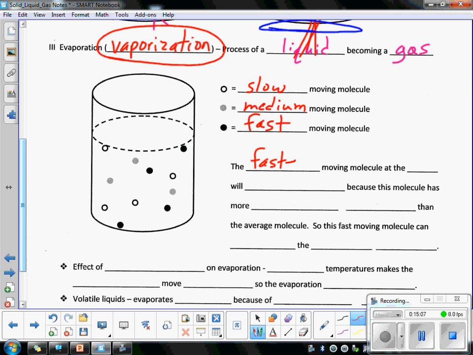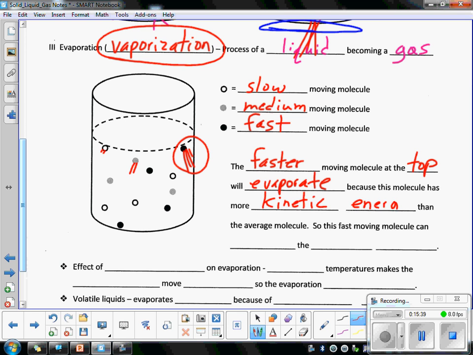So the faster moving particles that make their way to the top of the surface, which would be this one, it's moving real fast. This one's kind of moving medium, and this one's moving real slow. This fast moving particle at the top will evaporate, or will vaporize, because the molecule has more kinetic energy.